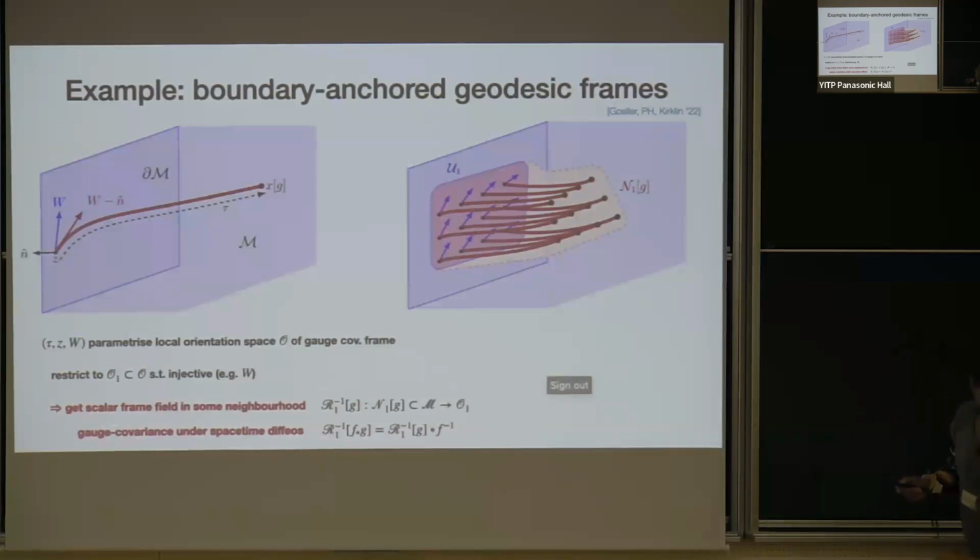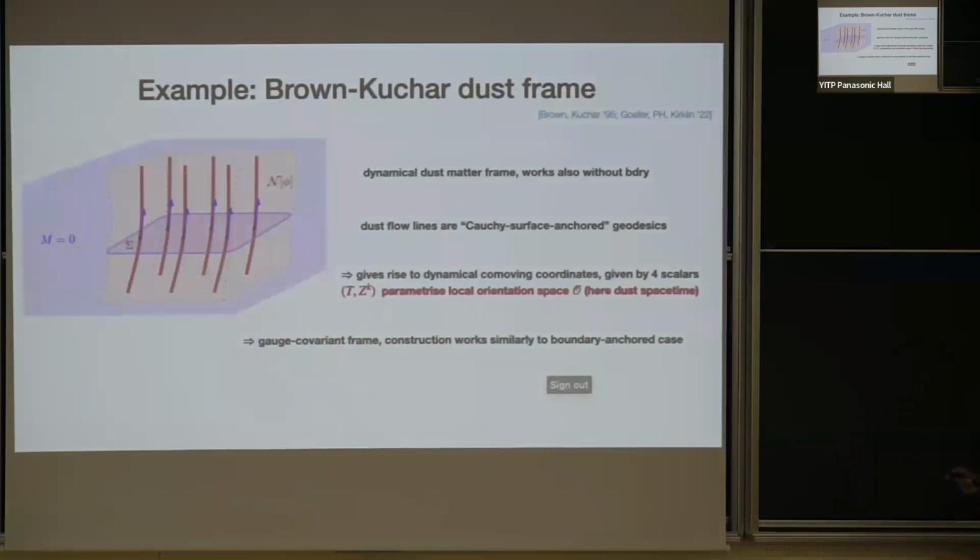Now, this works in vacuum GR, where we use the boundary as some kind of reference. You can also do things like this with matter fields. Just as an example, there are these Brown-Kuchař dust frames. These are dynamical dust fields in space-time that you can use to specify, for instance, some Cauchy surface.